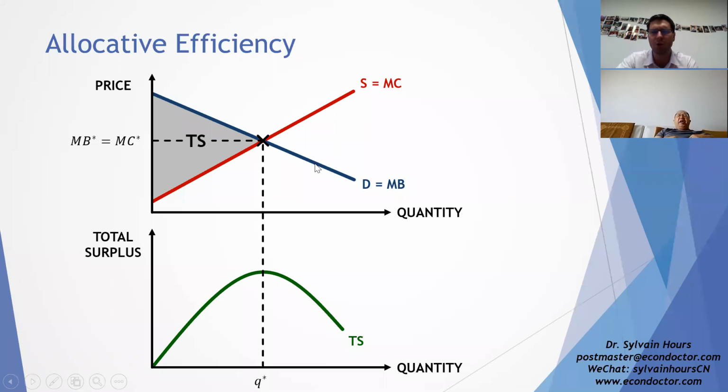It costs more to society to produce one more unit than the benefit that it generates. So if we allocate more resources and produce more units, overall total surplus would start to fall. So I think this is a good representation to illustrate allocative efficiency and to emphasize the relationship between supply, demand, marginal cost and marginal benefit, and total surplus.